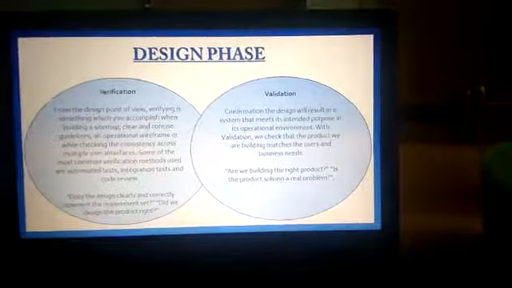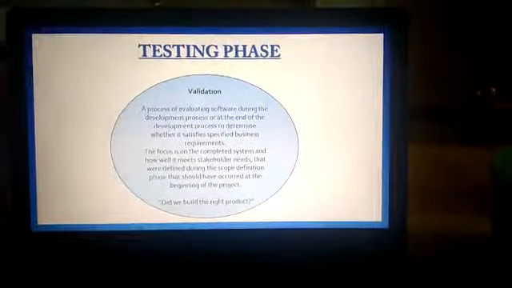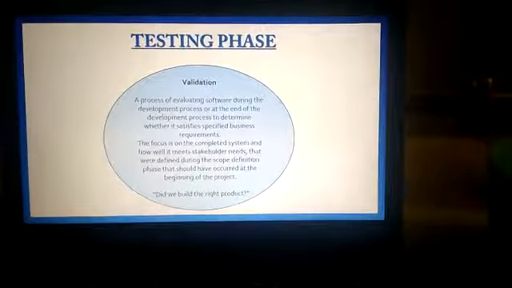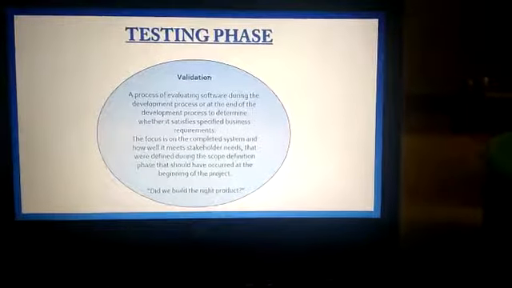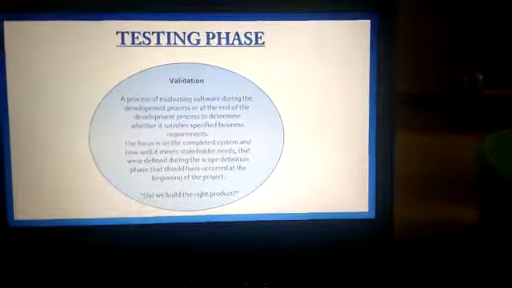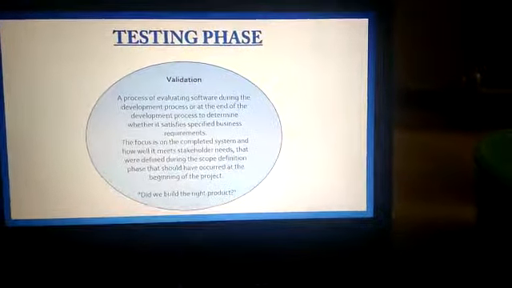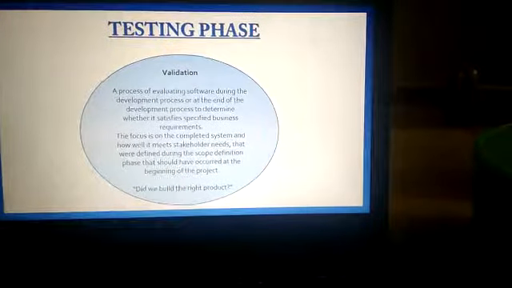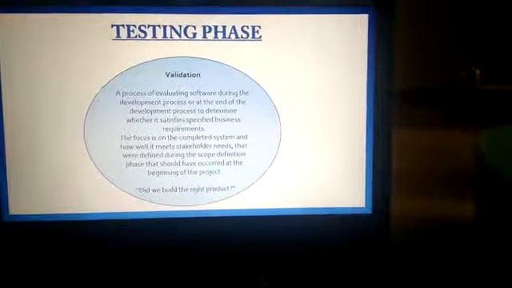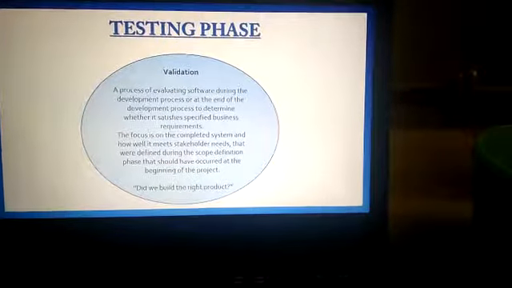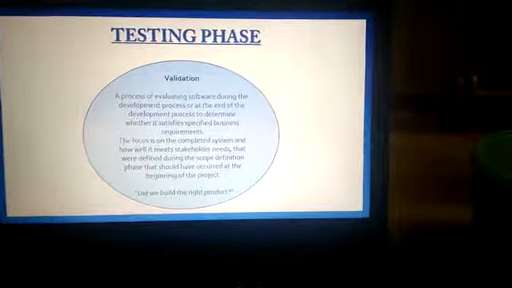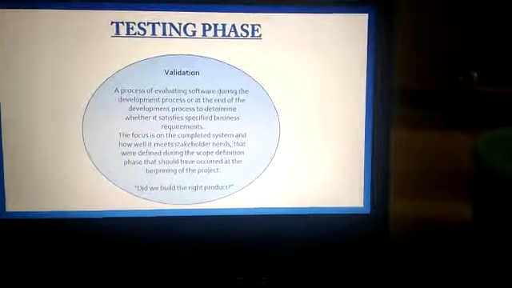Okay, next is the testing phase. Validation is a process of evaluating software during the development process or at the end of the development process to determine whether it satisfies specified business requirements.